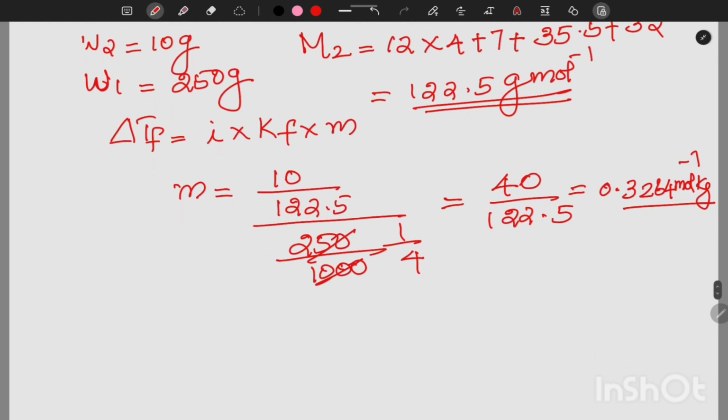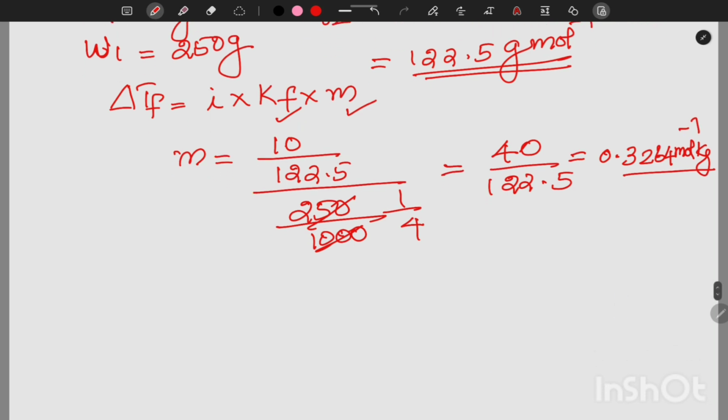Now, molality we calculated, Kf is given in the question. Now we have to calculate i. For calculating i, dissociation constant is given, so from that first we can find out alpha.